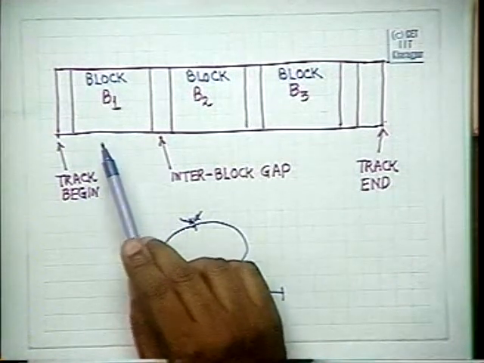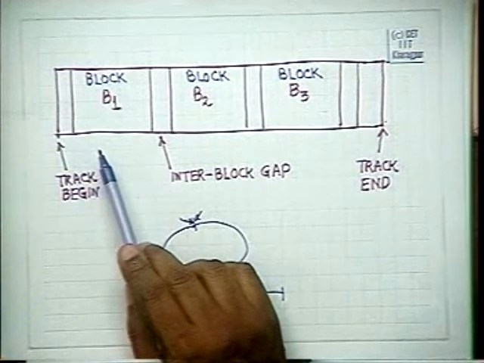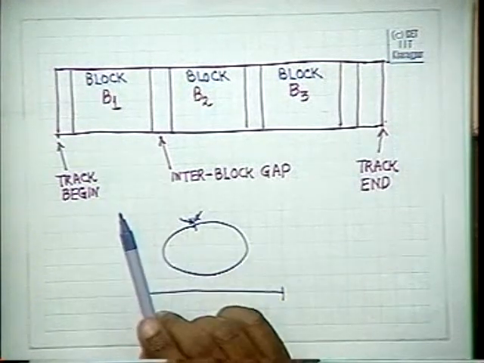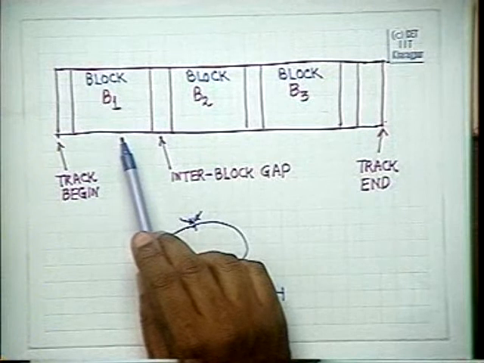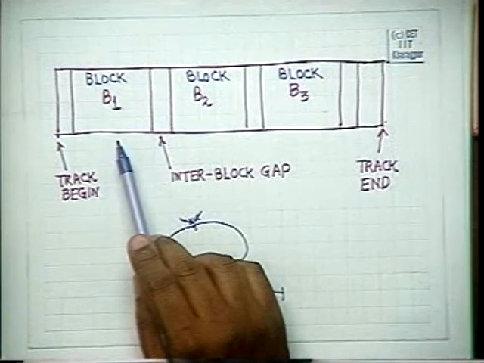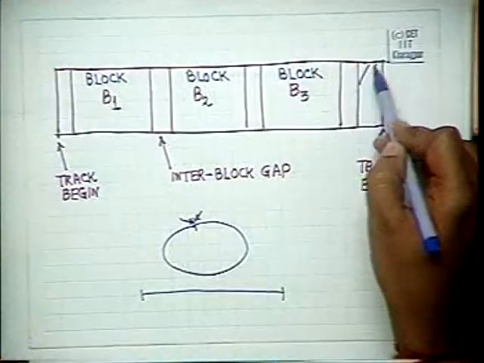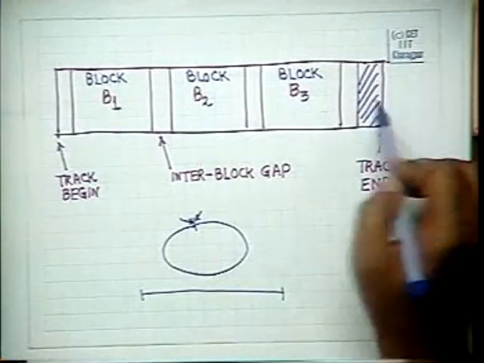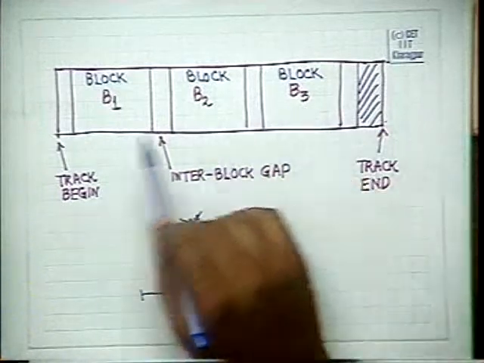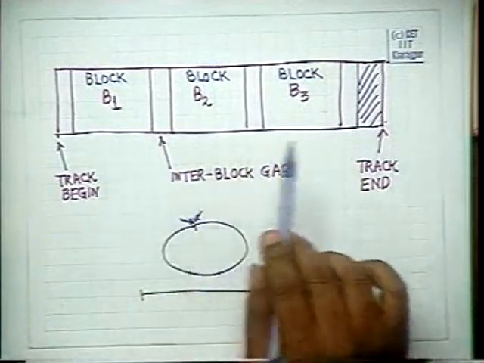You are not storing it in bitwise or bytewise information, because when you write you have to write that whole block, and when you read you have to read that whole block. You cannot write or read individual portions just like that. So a track is divided into a set of blocks, and for example this may be a wastage. It depends on the integral number of blocks that you have on the track size and the block size.